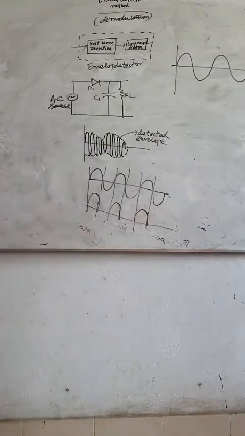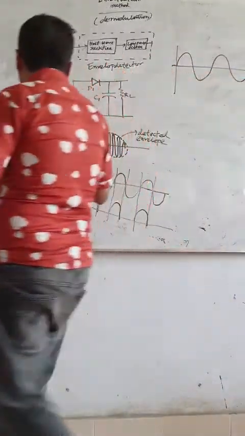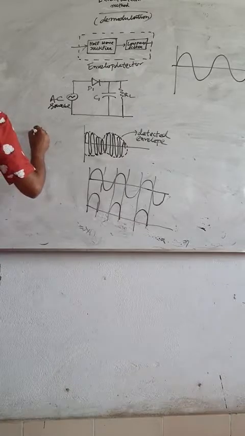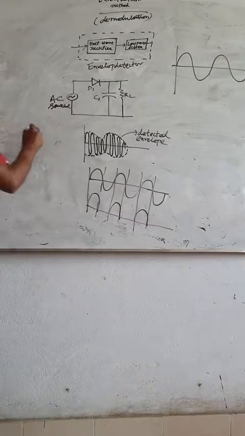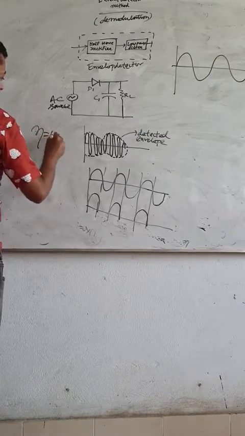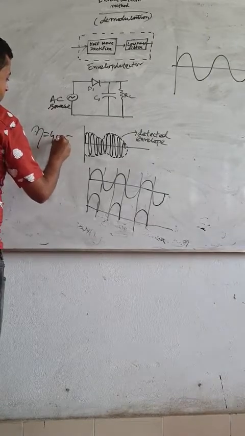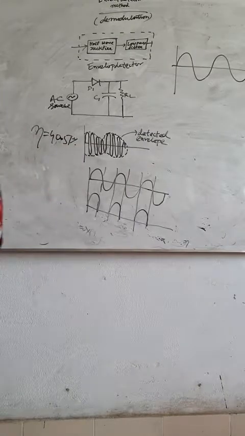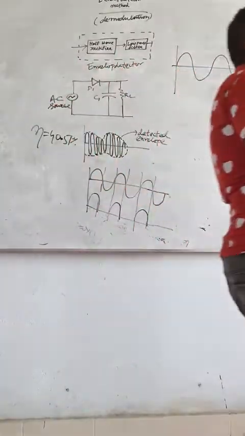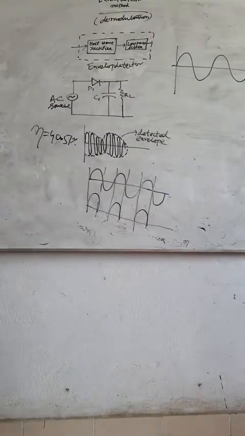The half-wave rectifier is a device used basically in analog electronics. Its efficiency is 40.51%. We need only one diode. Efficiency is low in the case of a half-wave rectifier. It's 40.51%, and we need only one diode for that.